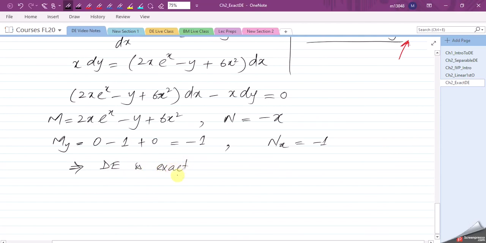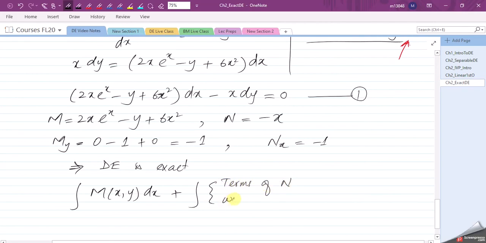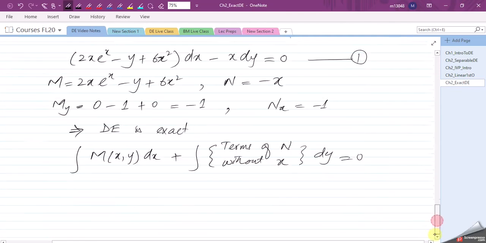Now we write, remember that this is the equation we are using, in the form M dx plus N dy equals 0. Integral of M with respect to x, complete, plus terms of N without x dy equals 0.